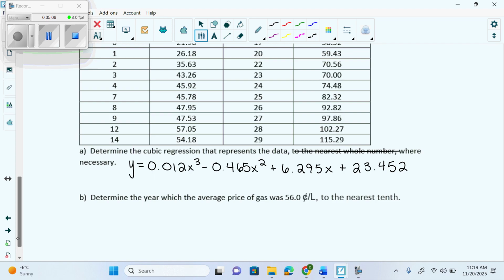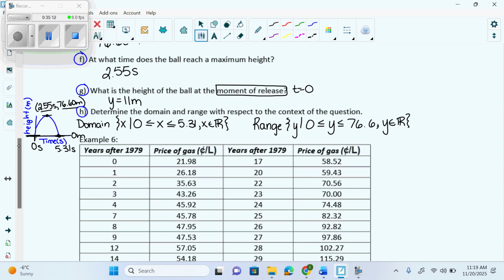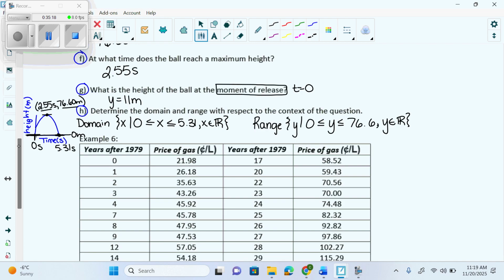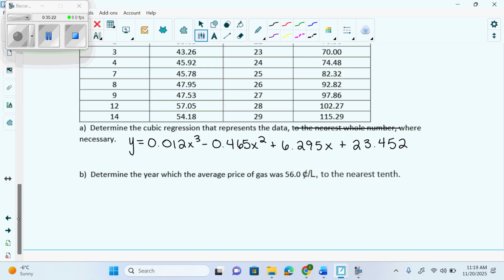So here it says determine the year. Is year X or Y? X is actually years after 1979, so whatever we get, we have to add to 1979 to get the year, right? And then Y is price of gas. So it says determine the year which the average price of gas was 56 cents to the nearest tenth.